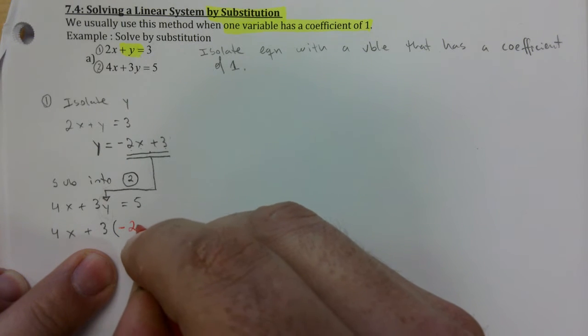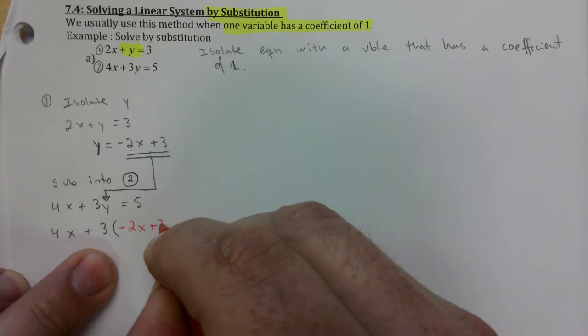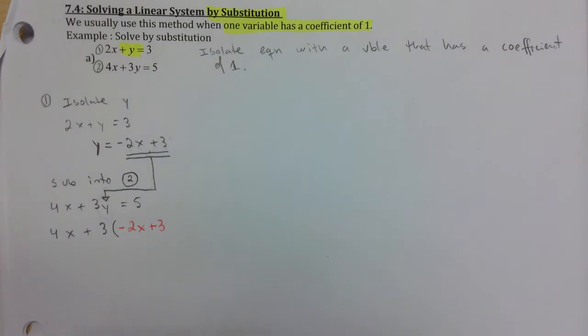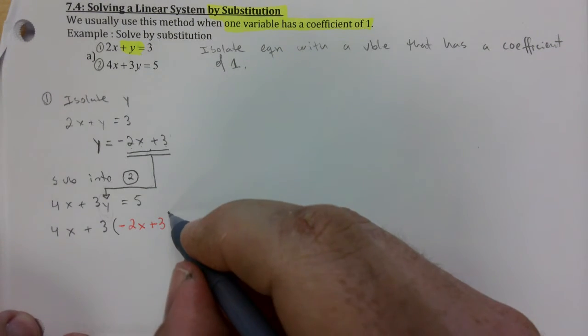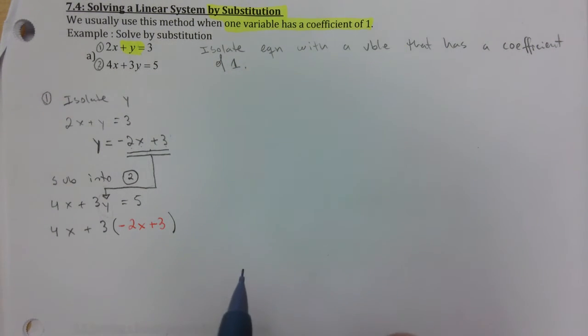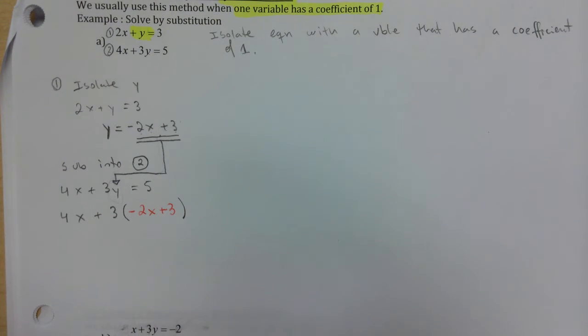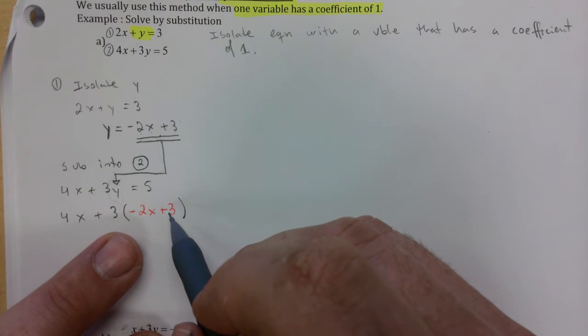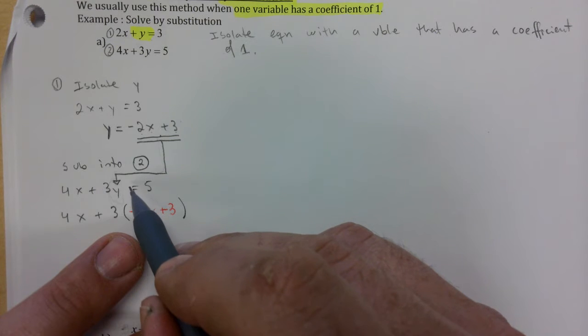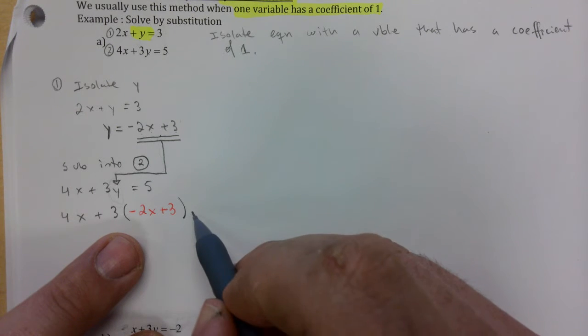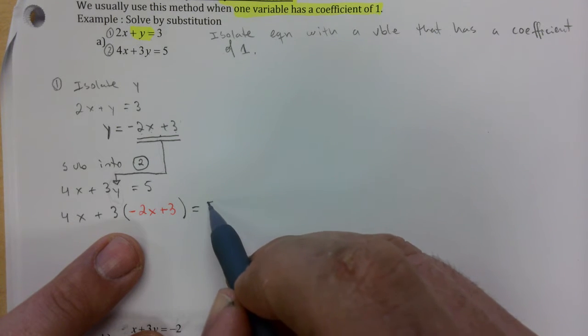Negative 2x plus 3. Okay, so that it kind of stands out a little bit. That's what substitution is, right? You're substituting in to the other one. Okay, we're not done yet. So we substituted in for y, and then we got to complete that and say, hey, that is equal to 5.